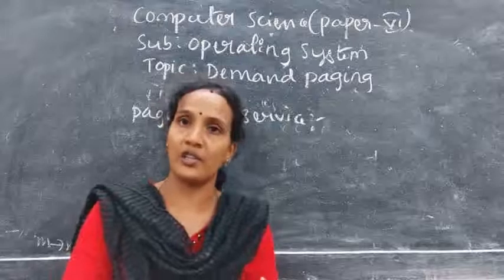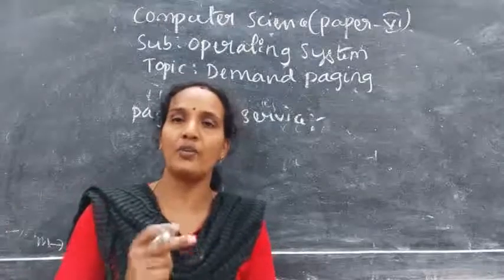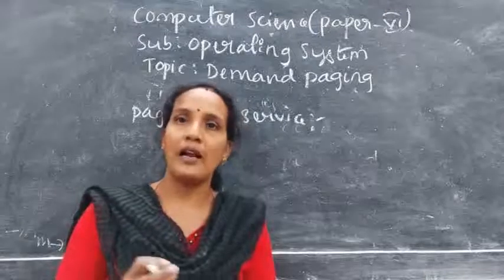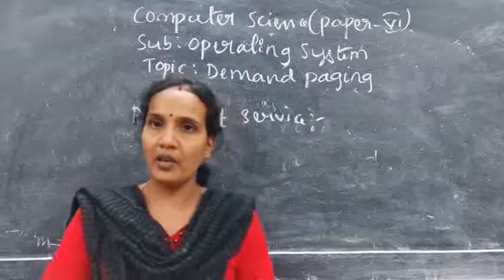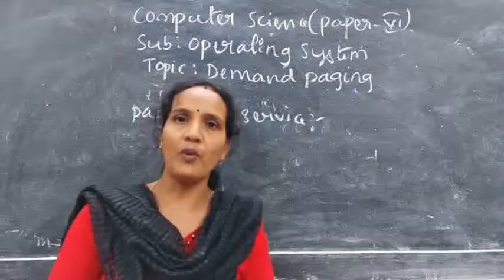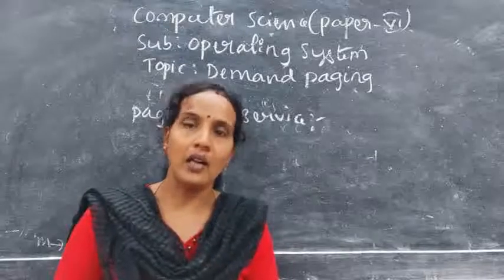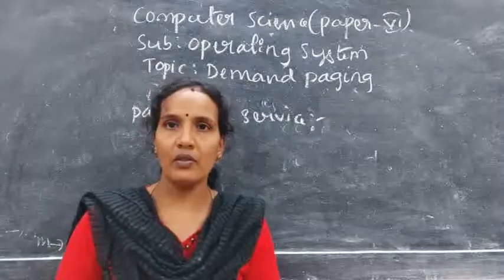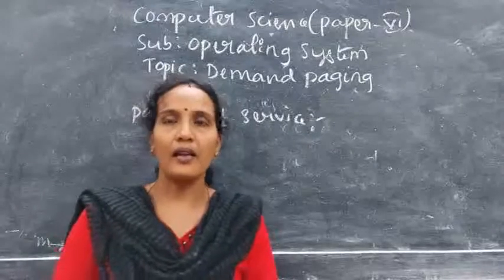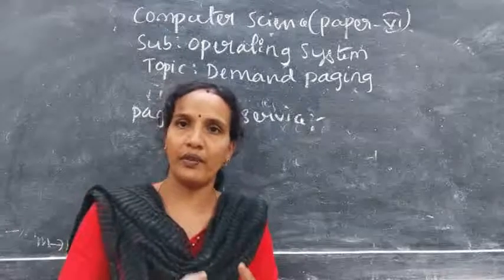The operating system will search the secondary memory, the page is found, then it is transferred to the main memory, and the bits are updated accordingly. In order to perform all these steps, how much time is required? That is called the page fault service. So this is about virtual memory and demand paging, and what advantages, disadvantages, how it will work.